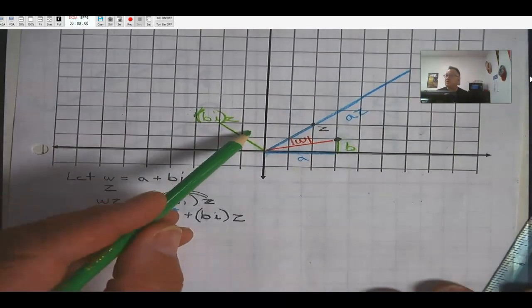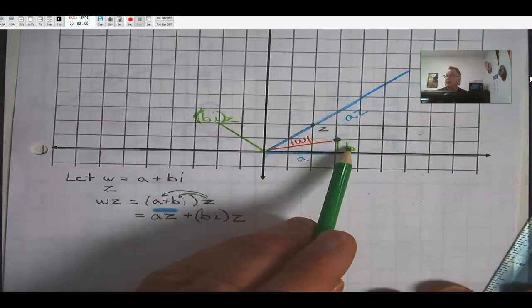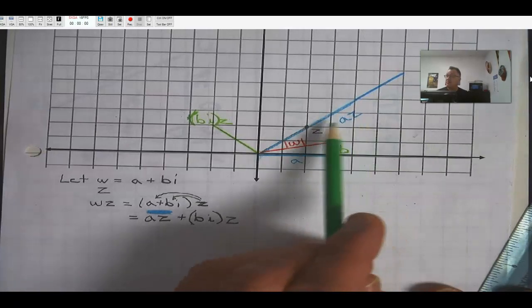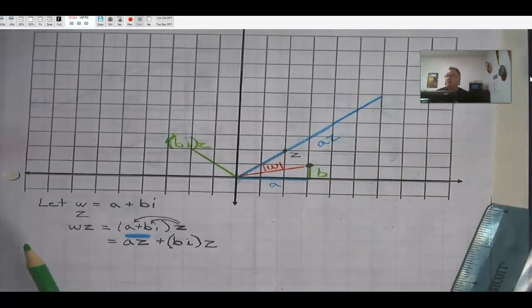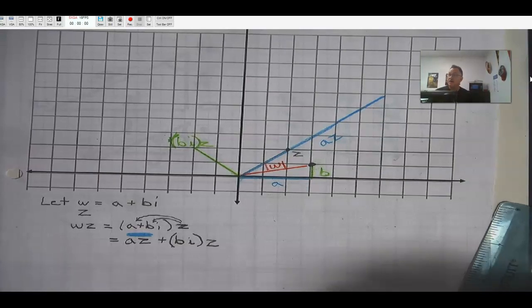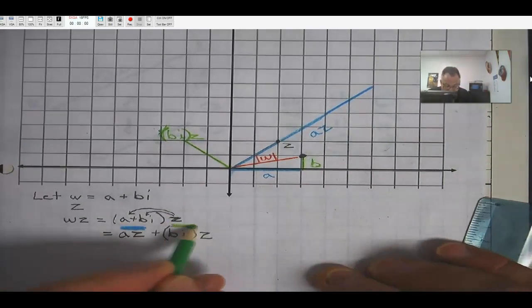So this one's Z multiplied by whatever that length is. And the blue one is Z multiplied by whatever A was. Okay, now on my drawing, this is green.